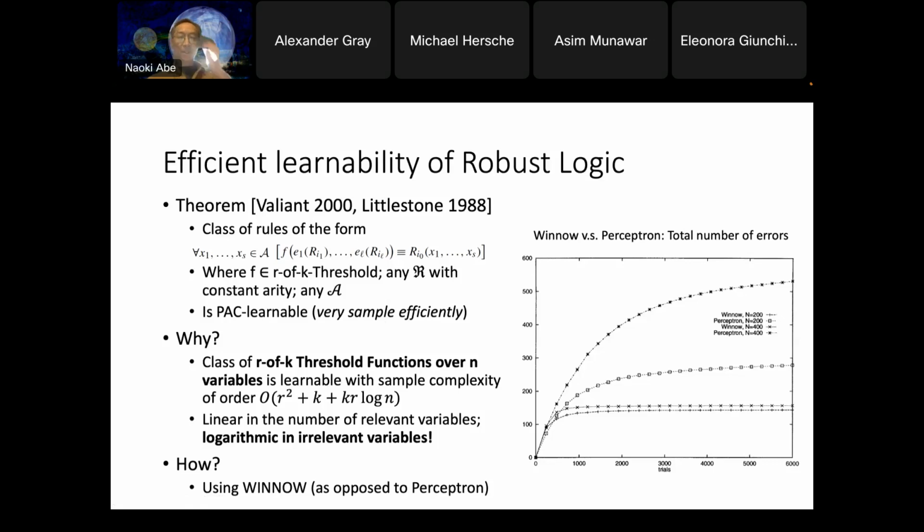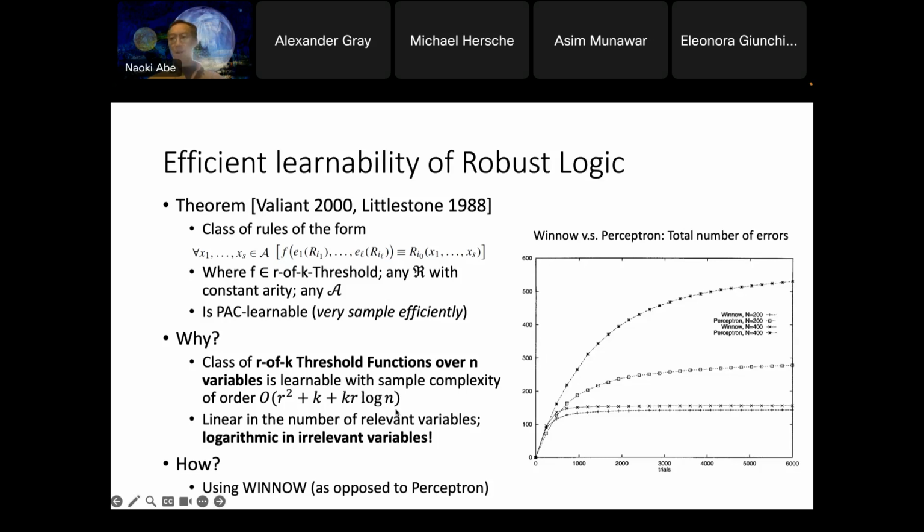This is made possible by a classic result of Littlestone using the learning algorithm called Winnow, which can learn r-of-k threshold functions over n variables with sample complexity of this order, which is linear in the number of relevant variables, but logarithmic in the number of irrelevant or total number of variables.